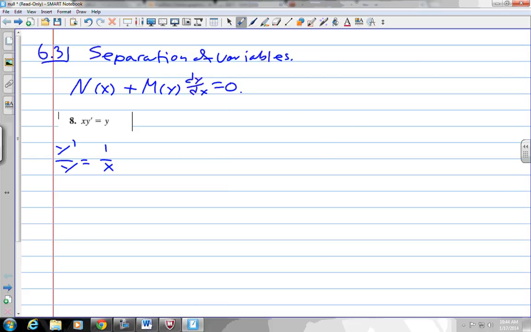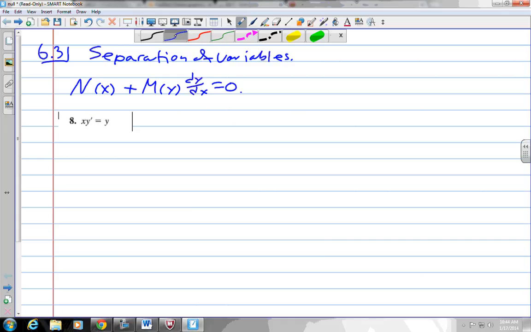But the whole idea here, if we don't get hung up on that standard form, is, again, as we did on Wednesday, to separate it so all the y's are on one end with dy and all the x's are on the other end with dx.